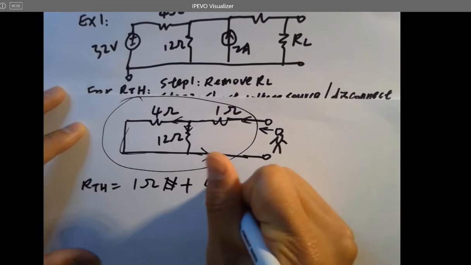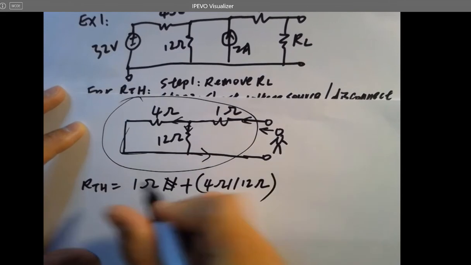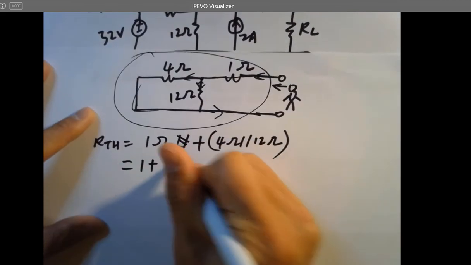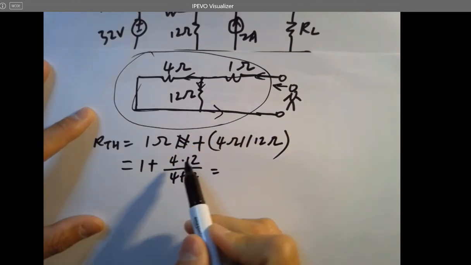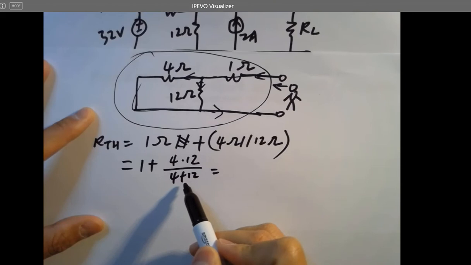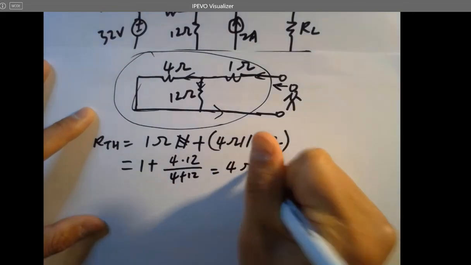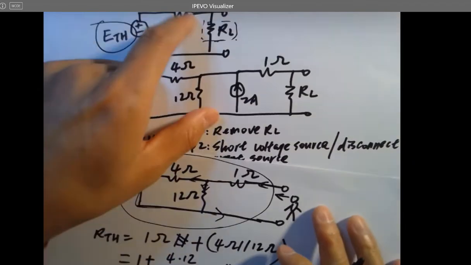So it's 4 ohms in parallel with 12 ohms, which equals 1 plus 4 times 12 over 4 plus 12. This is 48 over 16, which is 3. So totally it'll be 4 ohms for RTH. Now we have found RTH for this equivalent circuit.